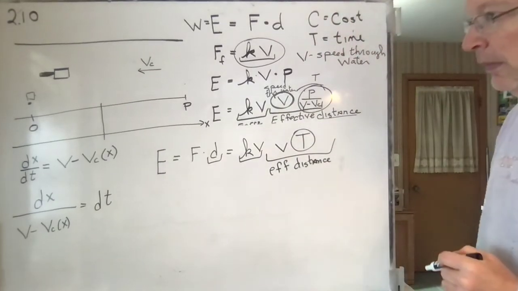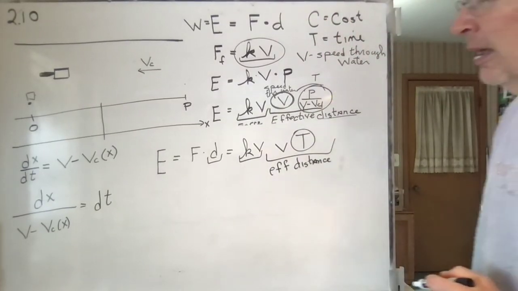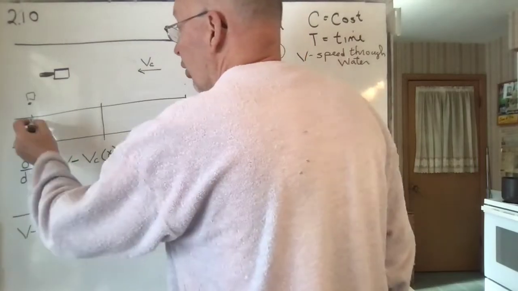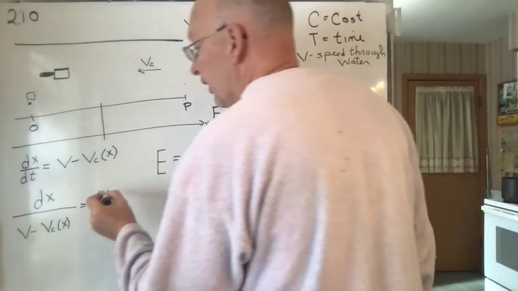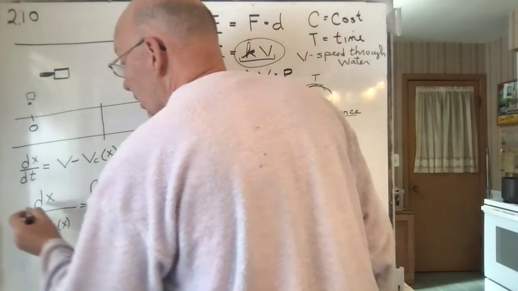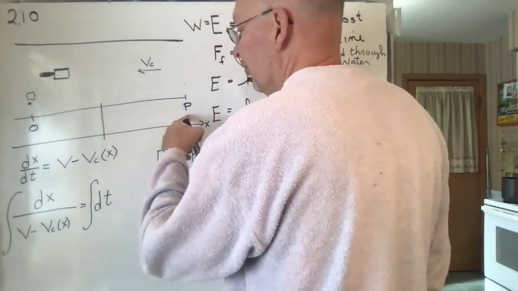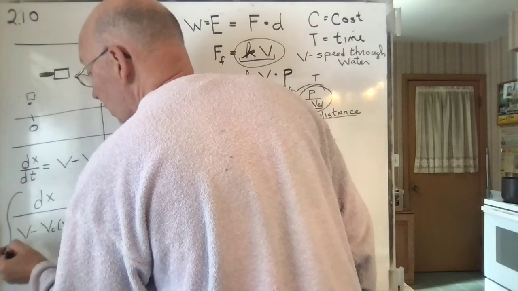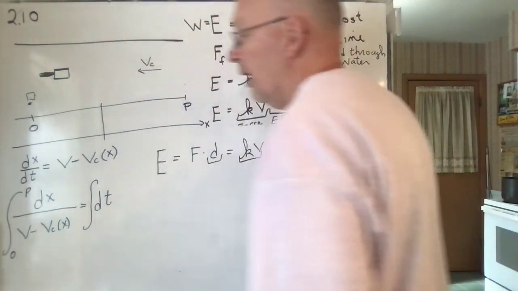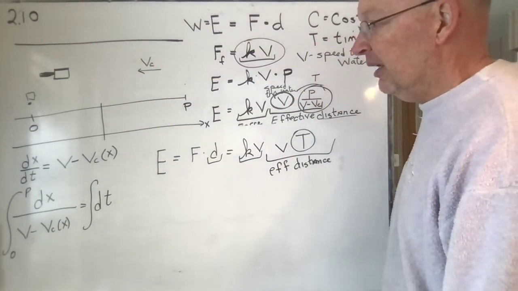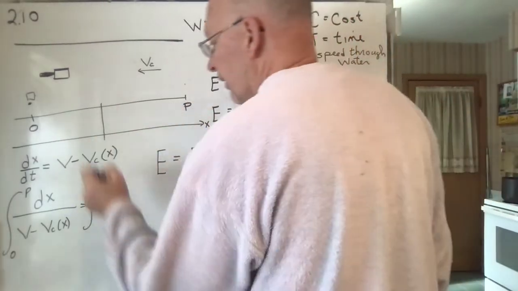Agreed? And so we've separated it. And now, if we want to go this whole distance from there to there, that means I want x to go from 0 to p. And if x goes from 0 to p, then that's the total amount of time it takes.